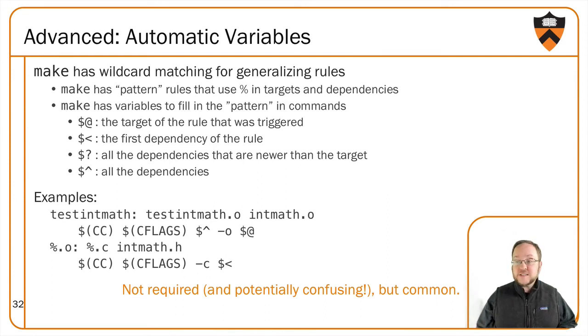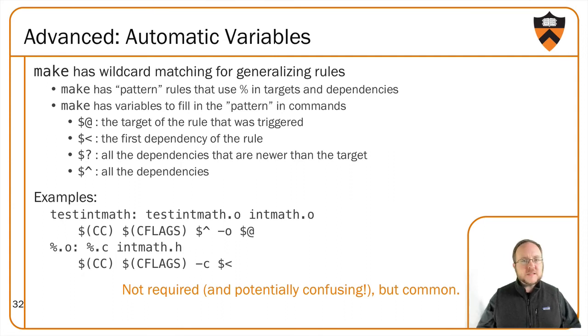So in this first example, we had testintmath.o and intmath.o to the left of the -o, and instead we fill that in automatically with $^, which we can see is all the dependencies. And then in the original command, we had testintmath to the right, but here we fill it in with $@, to say fill in the target in this place in the command.